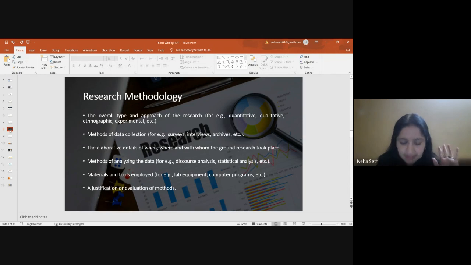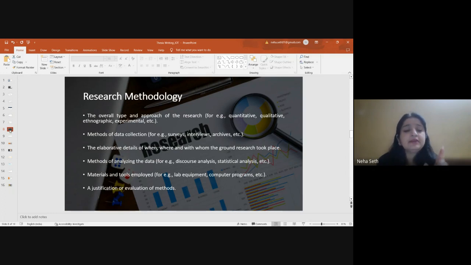Now we have a clear-cut idea about the gap, out of which we have drawn the objectives. We have drafted our hypothesis and our assumptions based on that. Now, how to fulfill these assumptions, or how to attain these objectives, this research methodology chapter will define.